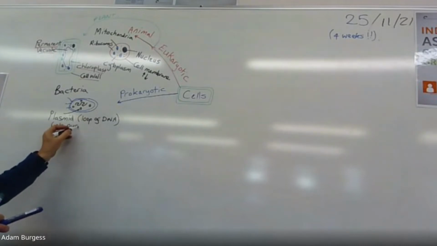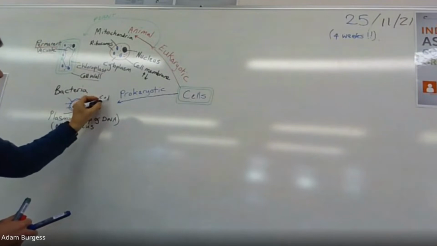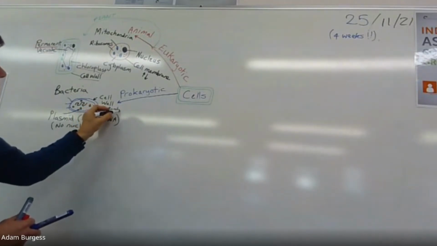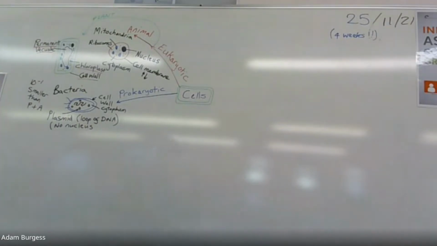That's the big difference. But it has things like a cell wall, different to a plant cell. And it does have cytoplasm. It does have ribosomes as well. Okay, but that's the big difference. Now, in terms of size, these are about 10 to the minus 1 smaller than plant and animal.